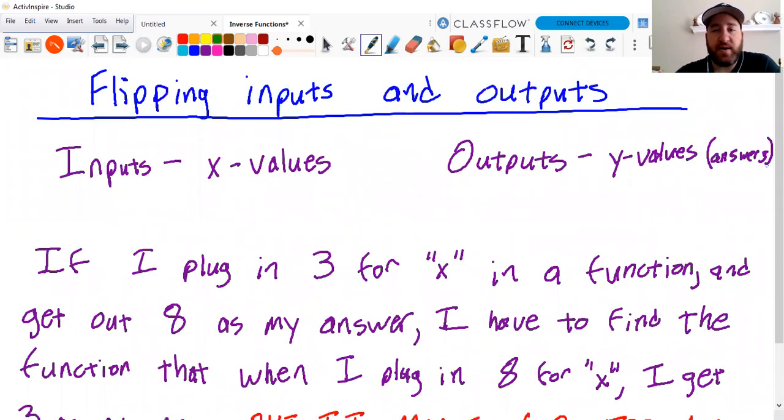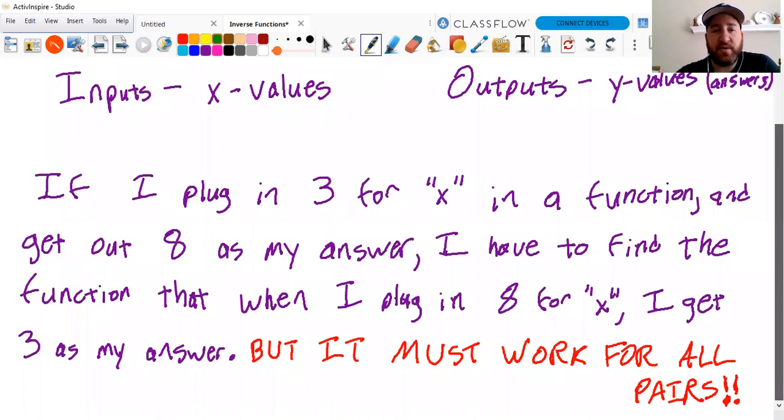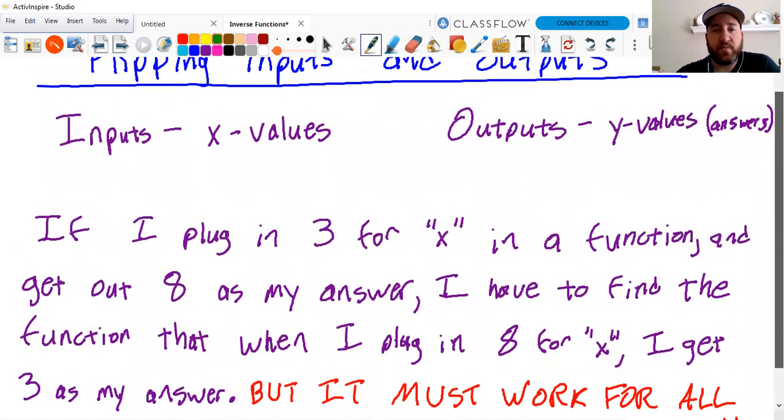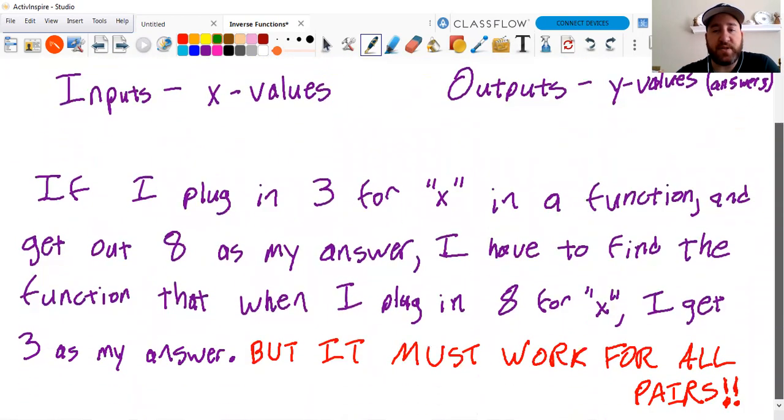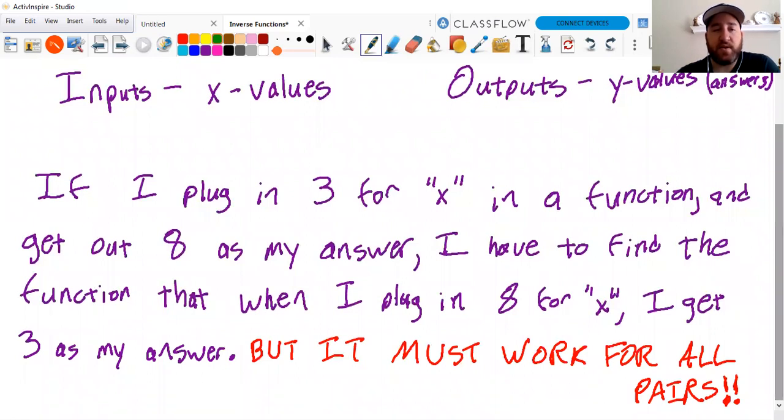So again, flipping inputs and outputs, to try to explain a little better here. You can pause that if you want to get it down. I'm just trying to get to the meat of everything. If I plug in 3 for x into my original function and I get out 8 as my answer, I have to find a function that can flip that.